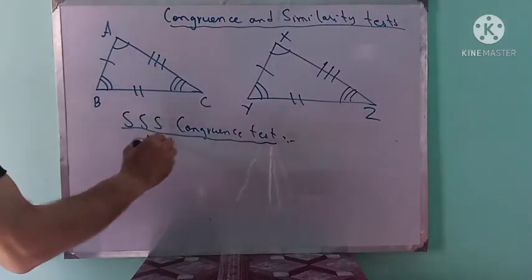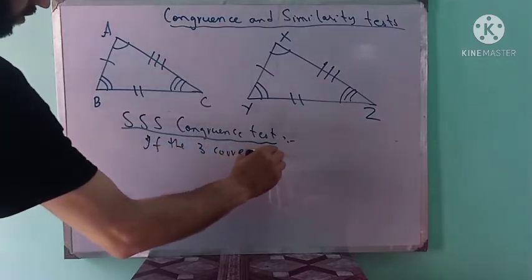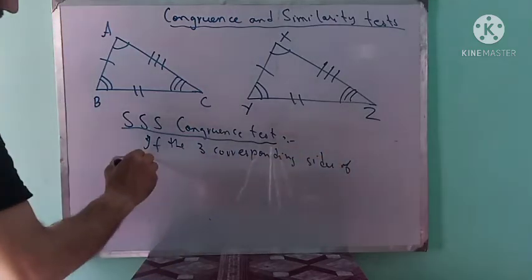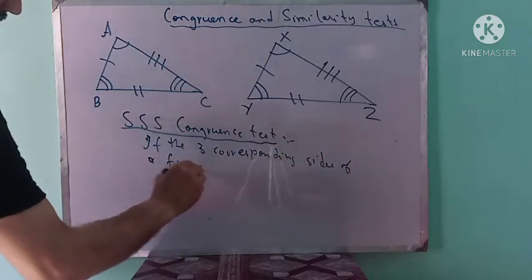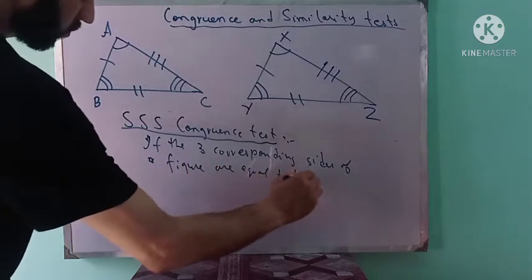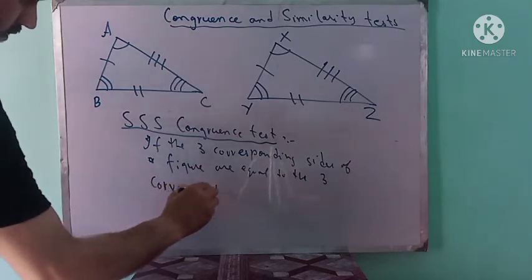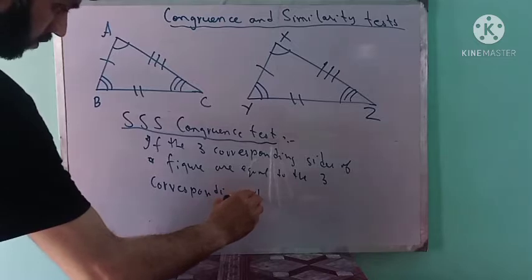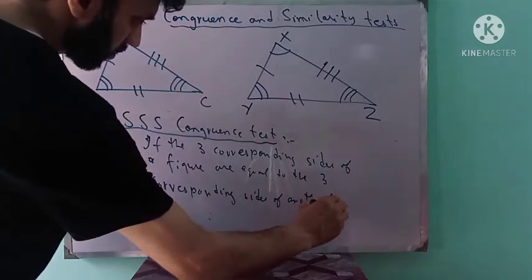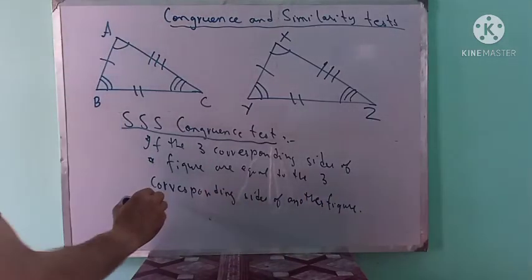If the three corresponding sides of a figure are equal to the three corresponding sides of another figure, then these two figures are congruent.